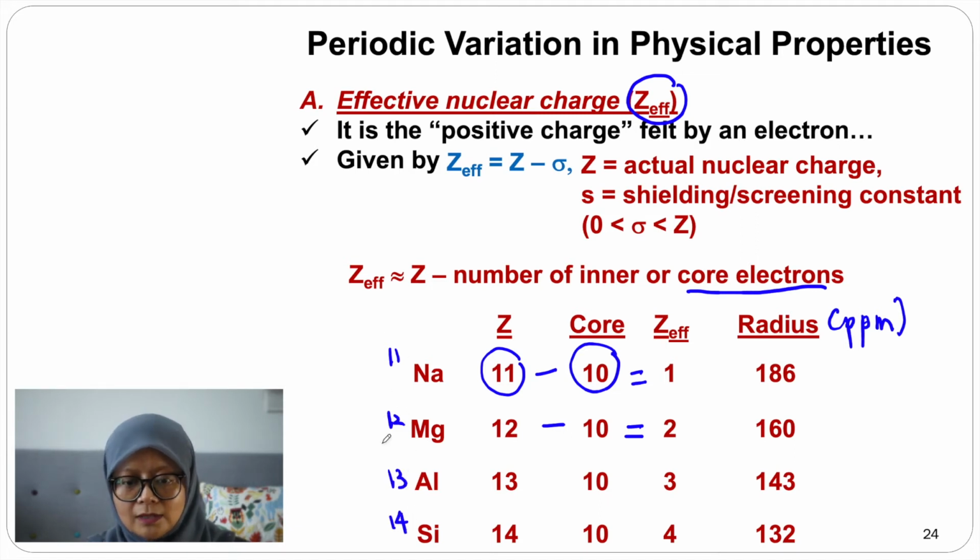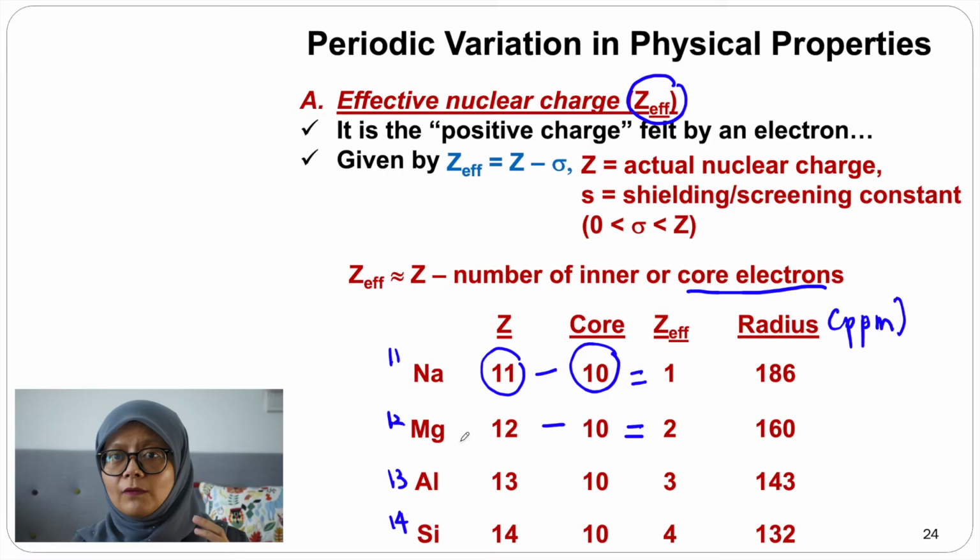As you can see, this is across a period, from left to right. As you know, from left to right, the atomic size of an atom decreases. So what happened here as you go from sodium to magnesium, then aluminium, and last but not least silicon, what happened to the radius?